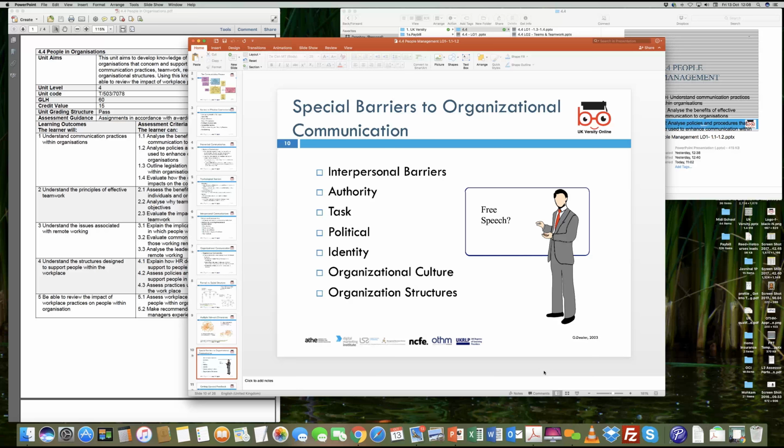It could be because of identity. It could be because of structures. Structures is because if it's a large organization, it's a very complex structure. You have lots of tiers. So people working within the lower management or junior management are not able to feed back directly to people in the mid or senior management, or do not have access, or there are too many tiers.